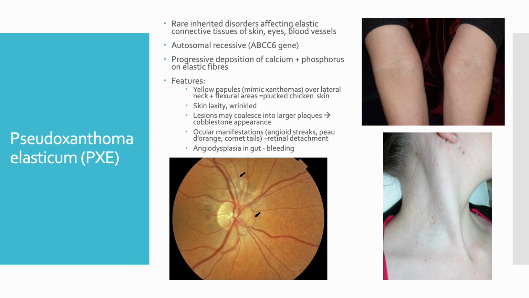And loss of this support gives an increased tendency to retinal detachment, and blindness is one of the more common problems to occur in PXE. People with PXE also tend to have angiodysplasia in their gut, so they often present with unexplained iron deficiency anemia or melena. So Pseudoxanthoma elasticum.